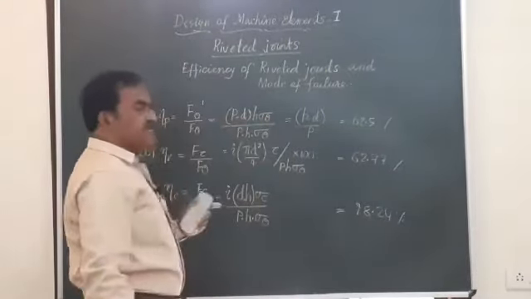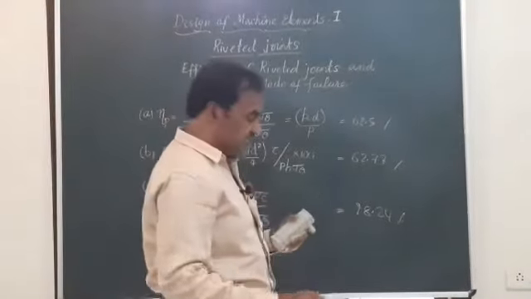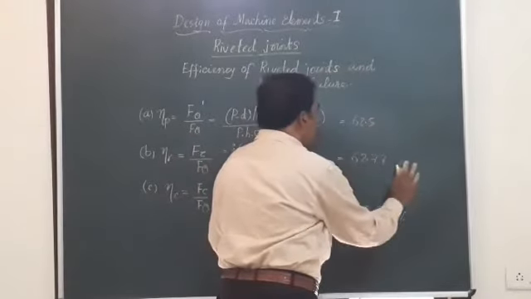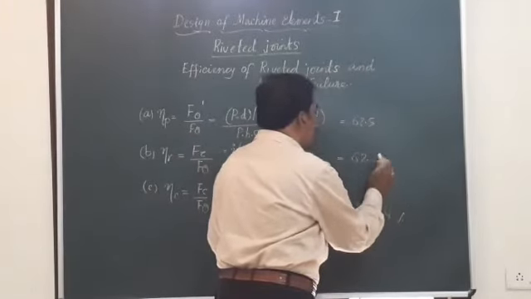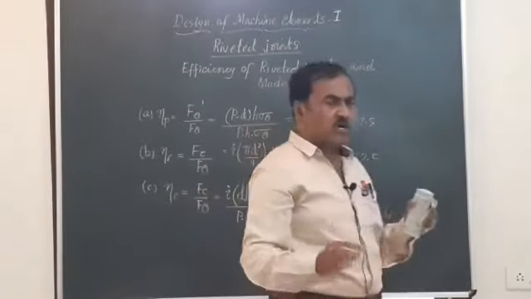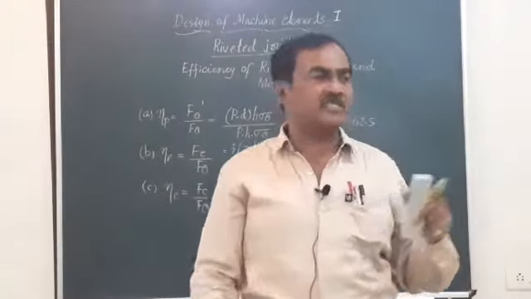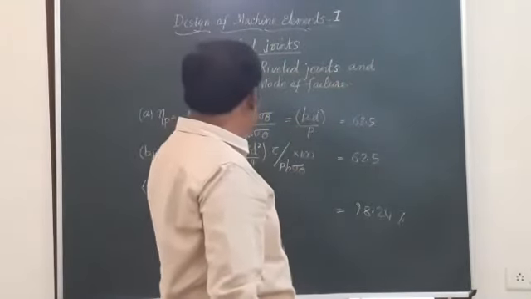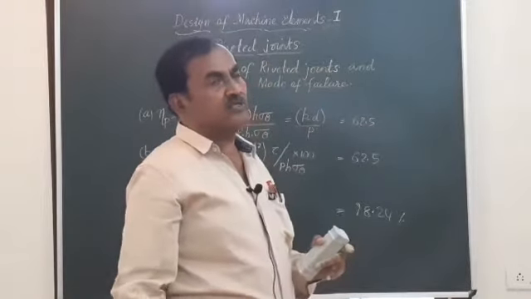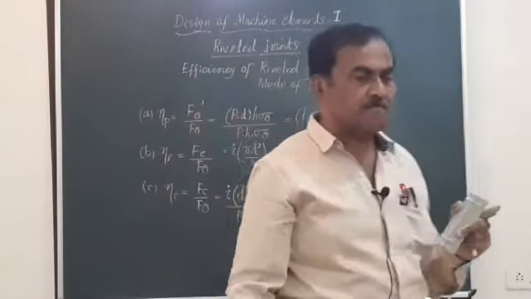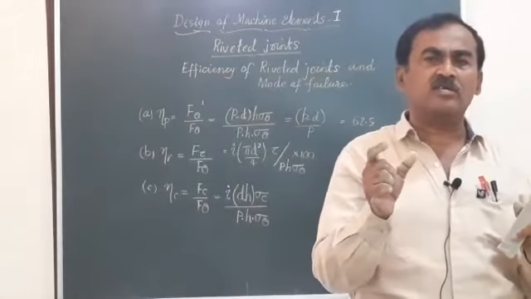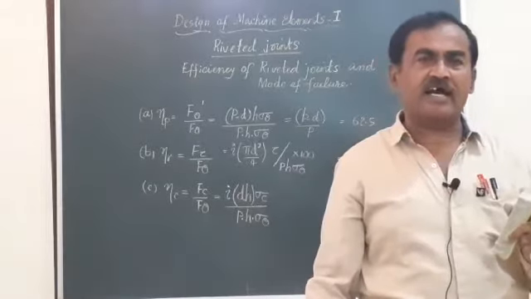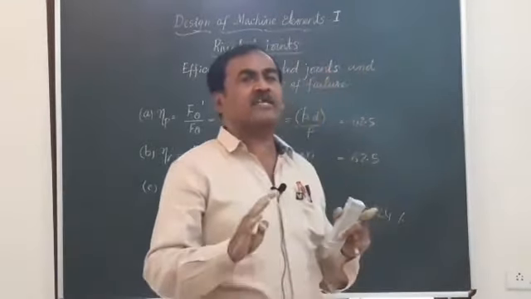And friends, before that I would like to pass on a small piece of information. Generally this eta P and eta R will be very close to each other, and sometimes it will be like 62.5 and 62.5. If we stop at this, we will not know exactly whether the joint fails by the tearing of the plate or by the shearing of the rivets. So generally what I advise you is, calculate the efficiency of all the three up to 4 decimal places of accuracy, and thereby you will not have any ambiguity.